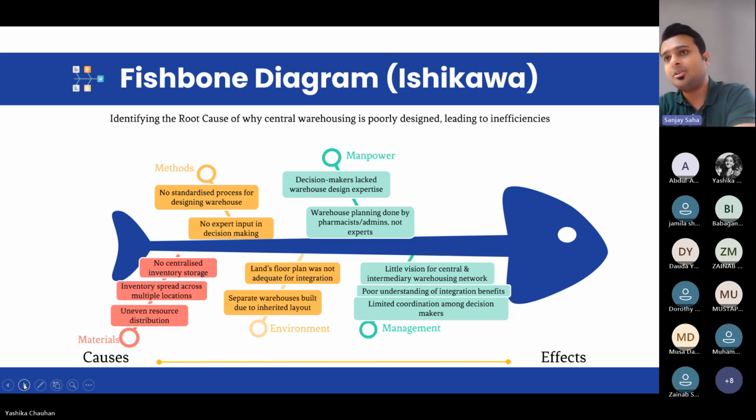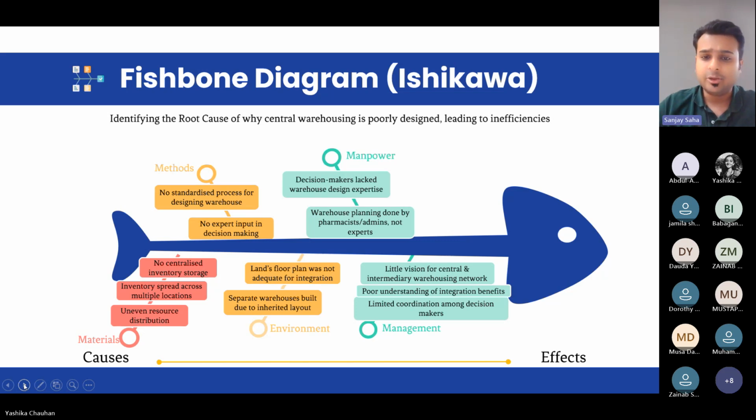Now, in this particular case, we are going to use a fishbone diagram to conduct the root cause analysis. If you have gone through module 3, you may have seen a full detailed version of how to organize a fishbone diagram.